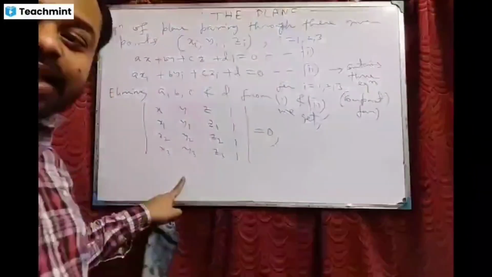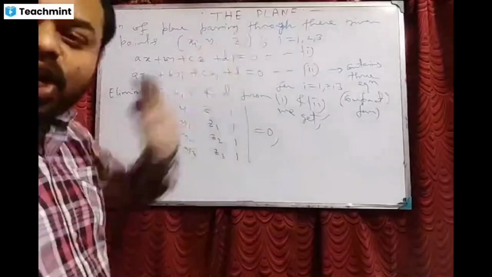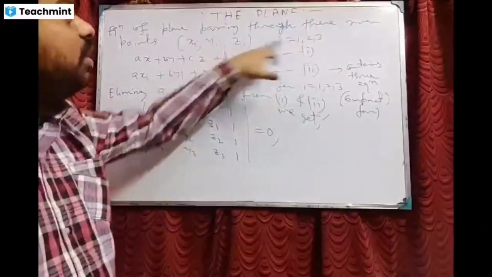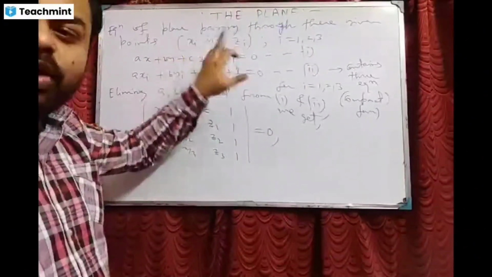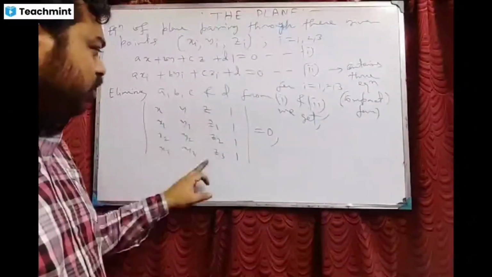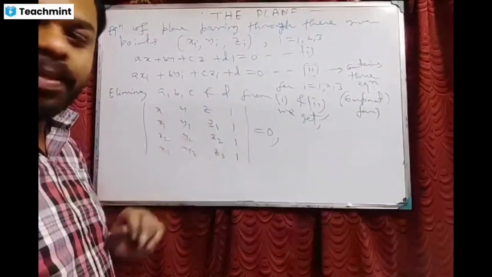On expanding this fourth order determinant, here xi, yi, zi are known, the 3 given points. That is, x1, y1, z1 known, x2, y2, z2 known, x3, y3, z3 known. So these are known; x, y, z are variables.